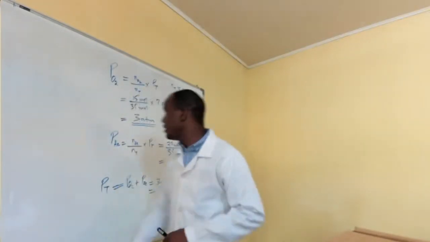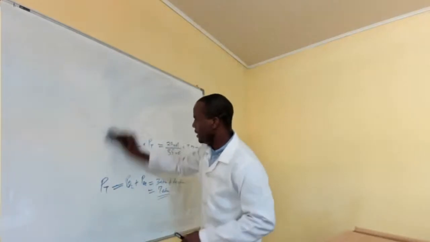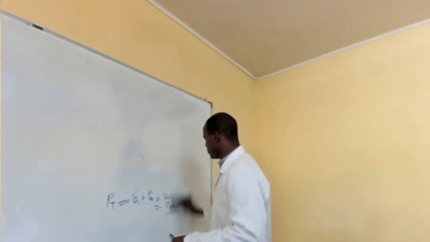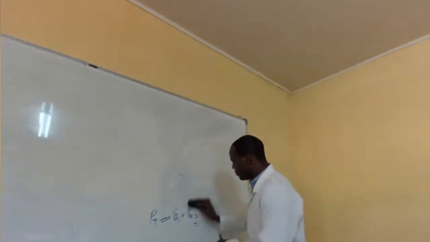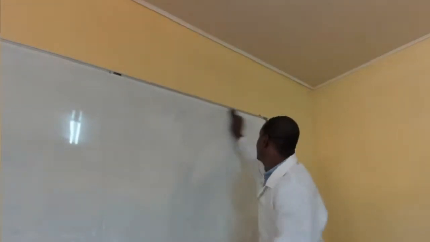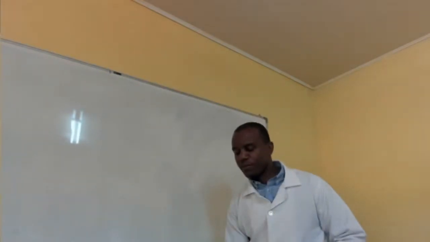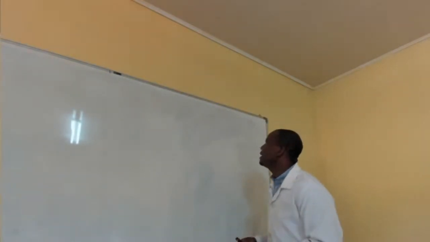Therefore, if you are doing some calculations, there are three ways you can use to calculate the partial pressure of either the individual gases, or you can calculate the total partial pressure depending on what is being asked.